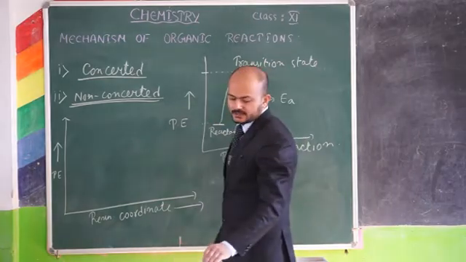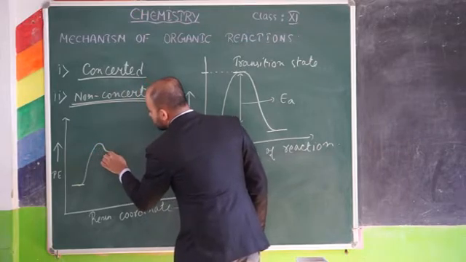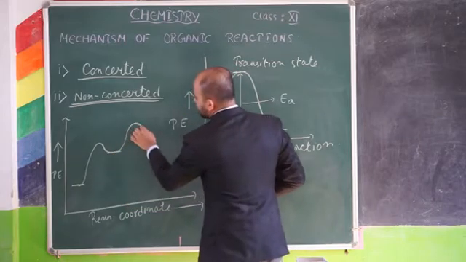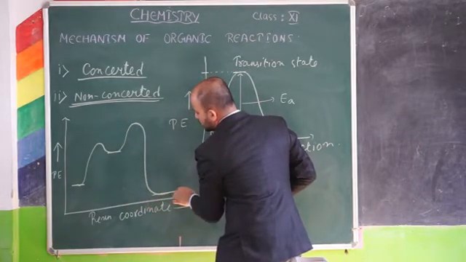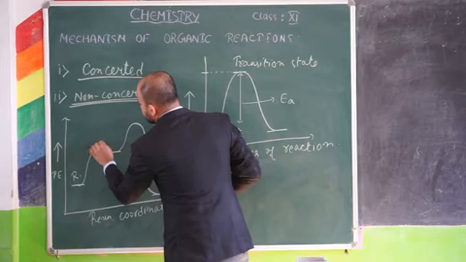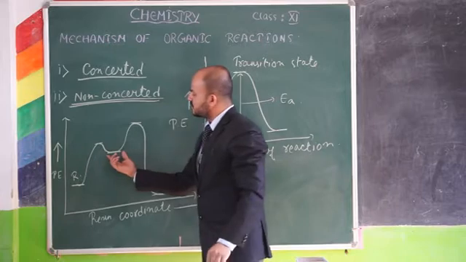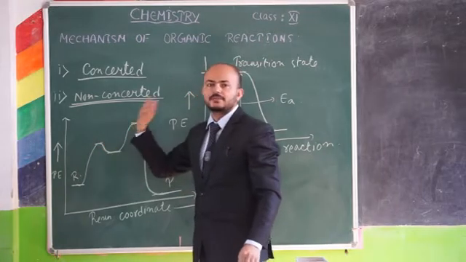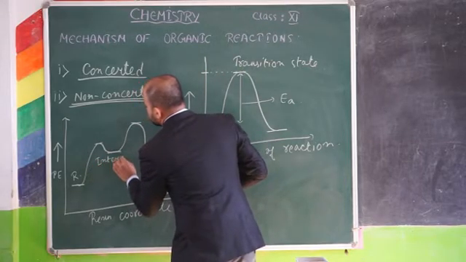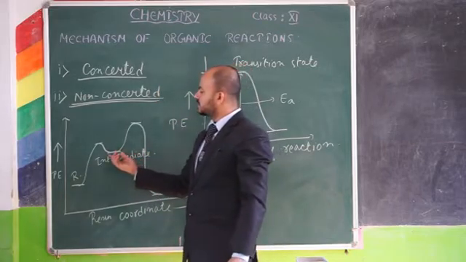In this case, the reactant has to cross a certain energy barrier, then it goes to a lower energy. Then again it has to attain some energy to be converted into product. The product is here, the reactant is here. There are two energy levels here. The state which is lower than this, required for making and breaking a bond, is known as the intermediate. The intermediate is stable.